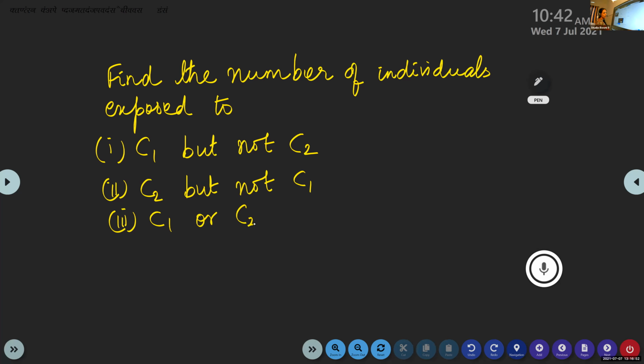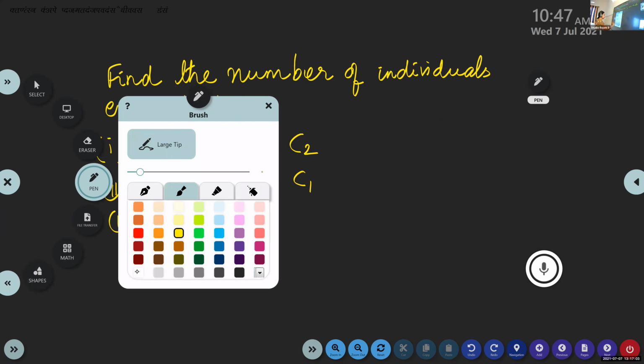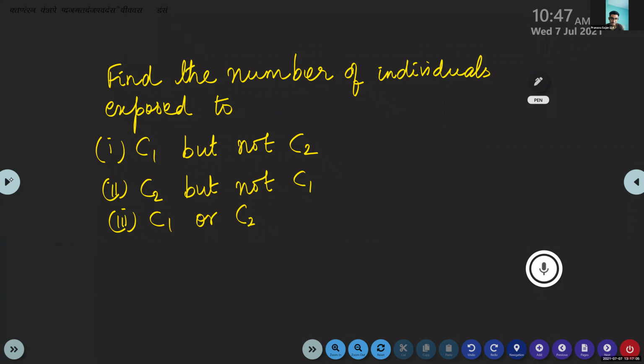Which are the things given here? Tell me, Pranav. N of C1 is 120. Others, please check whether it is correct or not. Yes, N of C2 is 50.